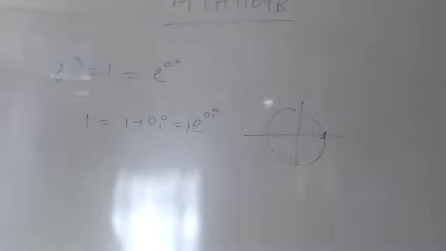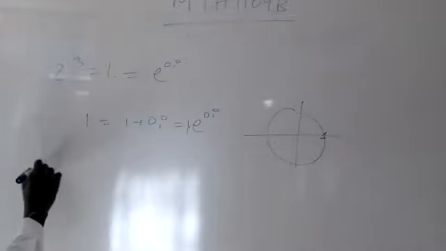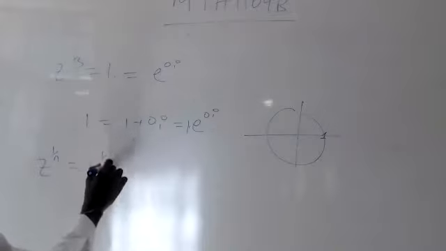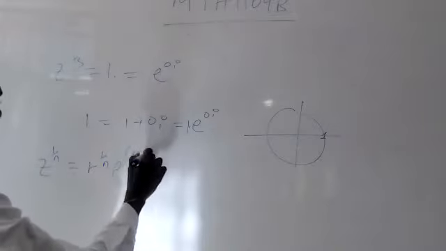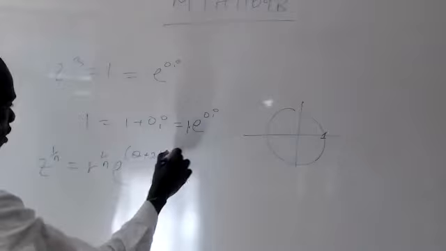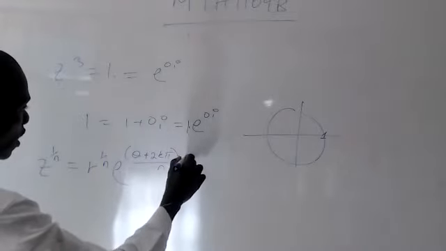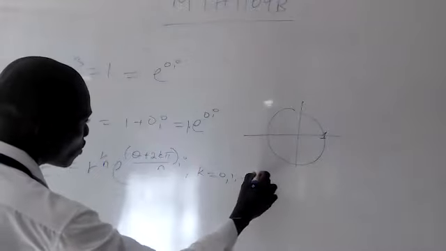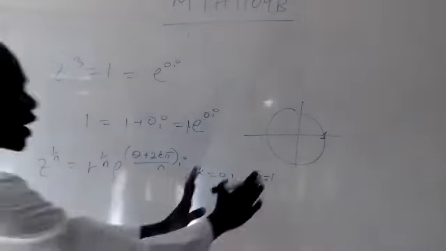Now we need to apply De Moivre's theorem, which tells us that z raised to 1 over n is simply r raised to 1 over n, times exponent of (theta plus 2k pi) divided by n, times i, and k runs from 0, 1, all the way to n minus 1, so that you have n distinct roots.